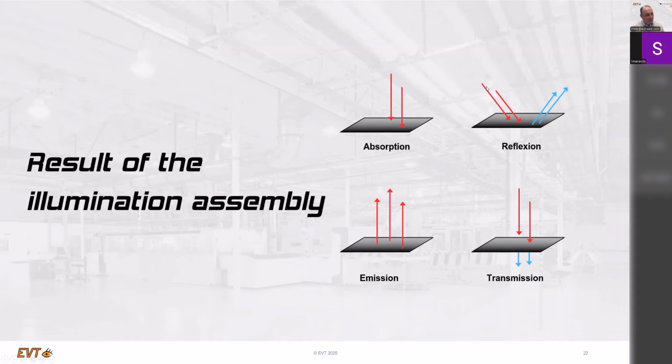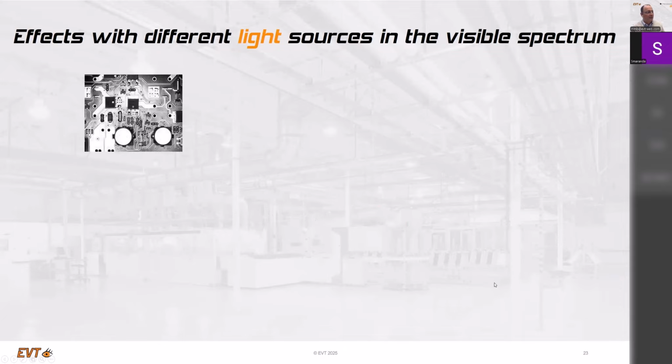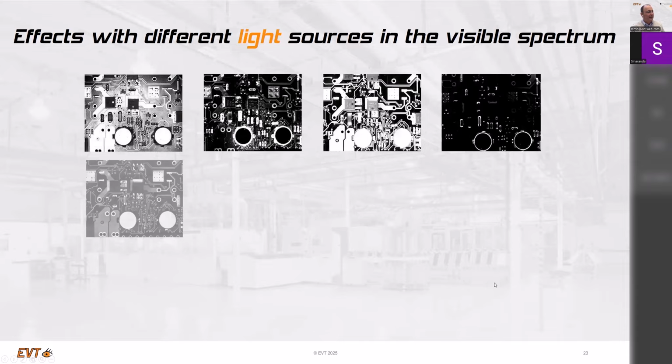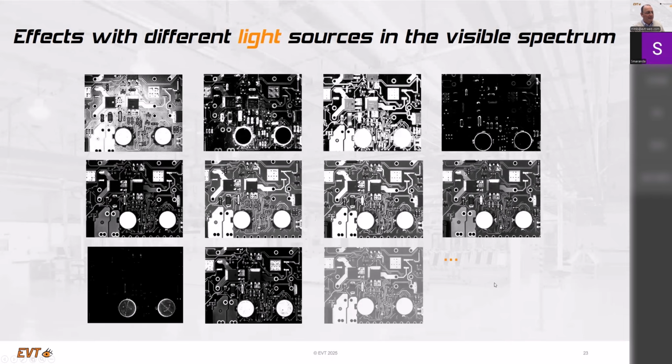So these are simply the schematic overview of these light situations. And of course, you can buy ready-made light which works either directly or with some reflections or with some transmission. The light sources result in these different images. So it's always the same part and only the light source differs.